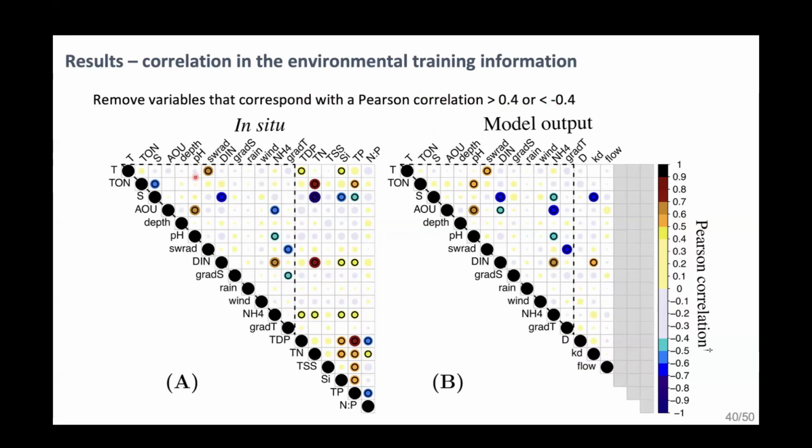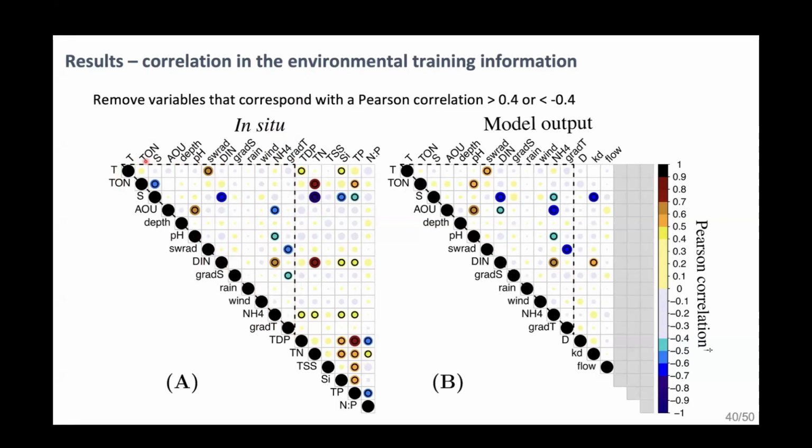Okay, on the plot, a black circle means that this correlation surpassed our correlation threshold. I also have to mention that the matching environmental variables between in situ observations and model output are within the dashed triangle. So let's analyze these results first.